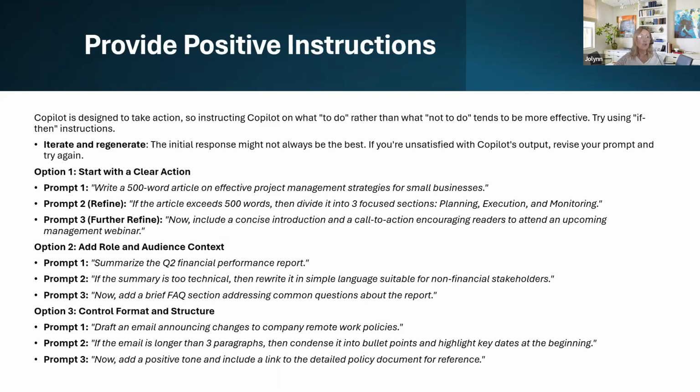So when we're asking to summarize a Q2 financial performance report, don't write it too technical. We're basically going to say it's going to be provided to this audience. Now add a brief fact section addressing common questions about the report. So we're telling it we would like to have a fact section added to the end.